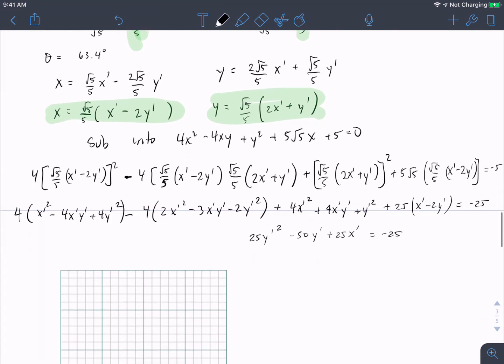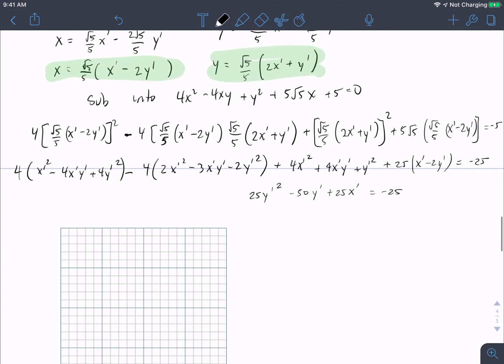And then we can divide everything by 25. And so I'm going to get y' squared minus 2y' plus x' is equal to a negative 1.